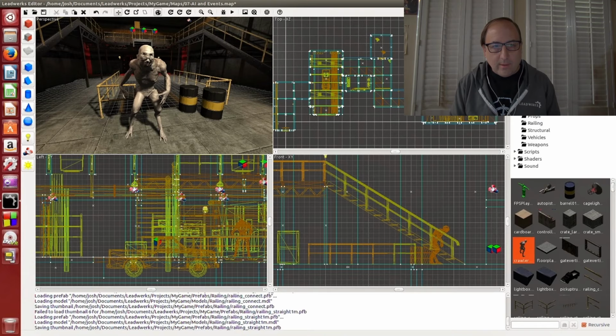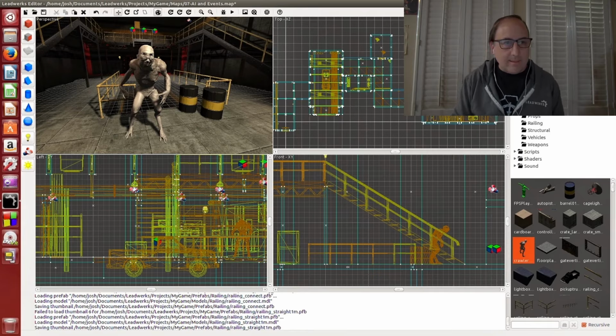So Leadwerks 4 did run on Linux, and it will still continue to, with the caveat that it has to be Ubuntu 16.04 or a similar distro. Around 2017, most of the distros stopped including the 32-bit libraries with the operating system, and that introduced a lot of incompatibility with our editor.